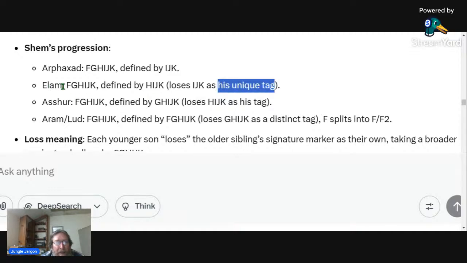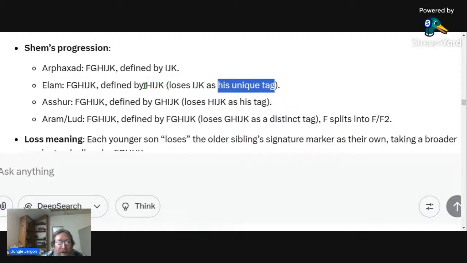So Elam never had the IJK marker because he's too young. When Arpachshad was born, Shem had the marker, but when Elam was born, Elam no longer has this IJK marker.